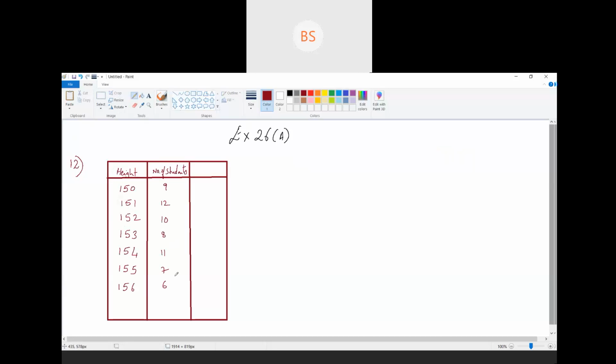So since we are finding out median for the grouped data, we have to first find out cumulative frequency. Okay.